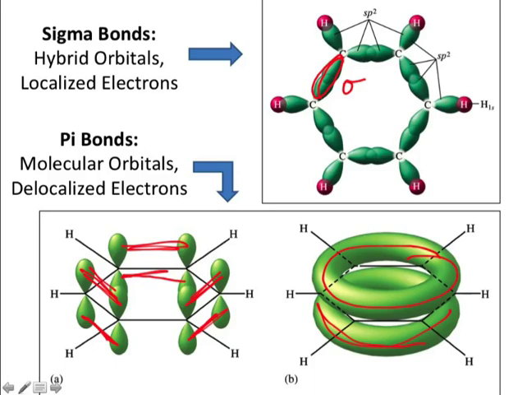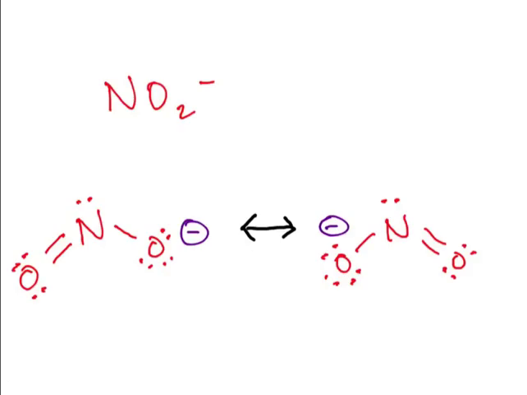And you really see effects of this in a number of different places in chemistry, that these electrons are delocalized. We also see this in, for example, a molecule like nitrite here, where if you draw the Lewis structure of this, you have a double bond that you need to show resonance for.